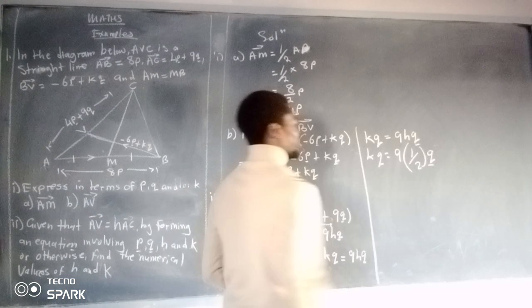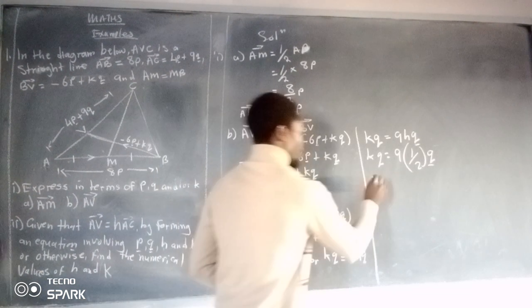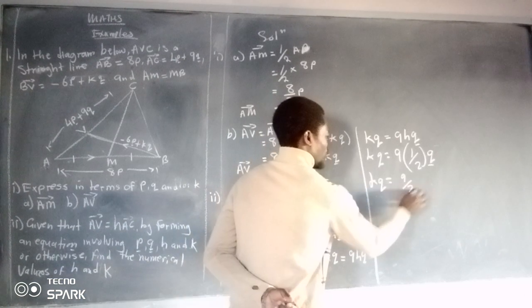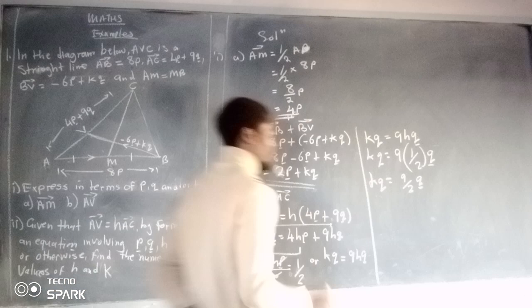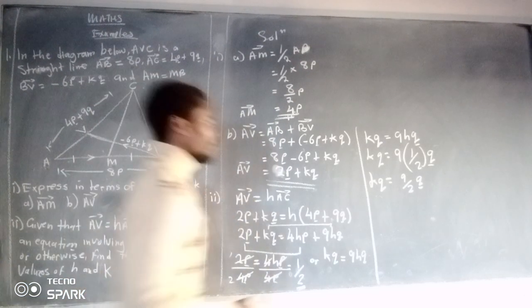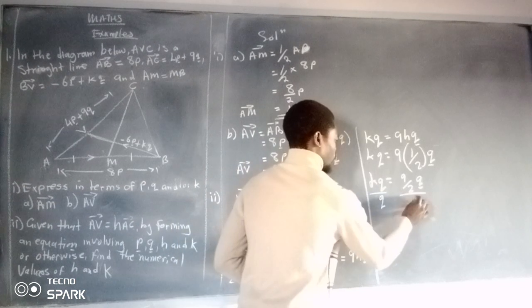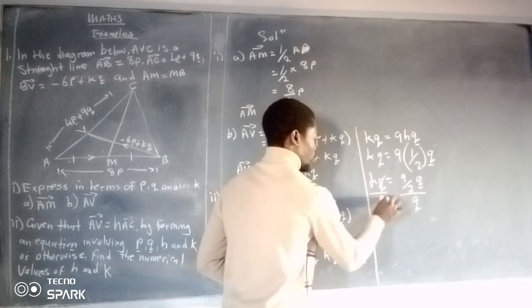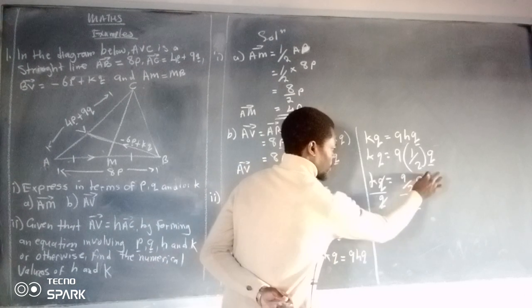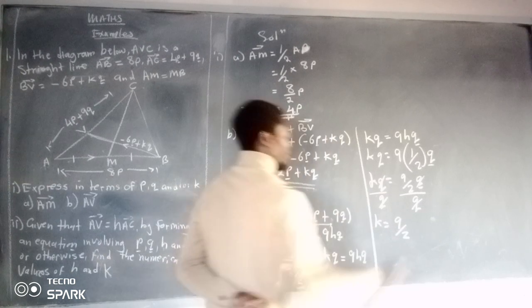So 9 multiplied by half will be 9 over 2Q. Okay, so now let's make K the subject of the formula. Q goes. We remember K is equal to 9 over 2.